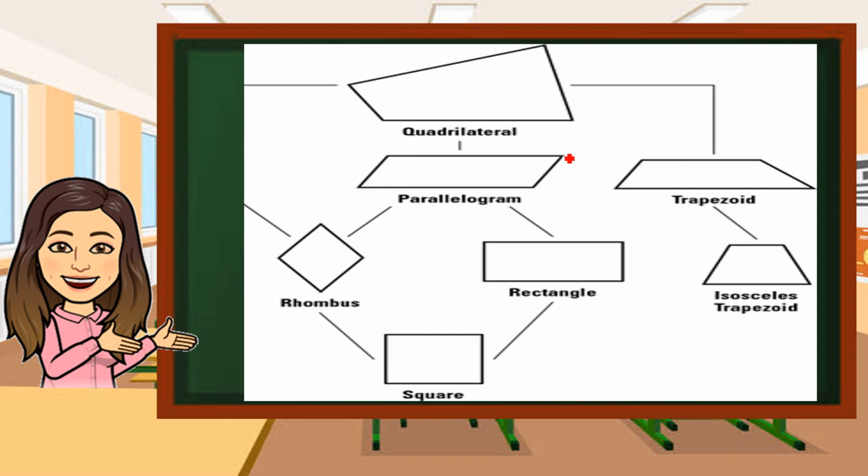The sides here and here are equal in distance, and the sides here and here are also equal in distance.